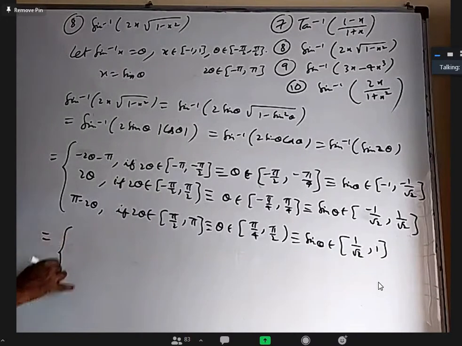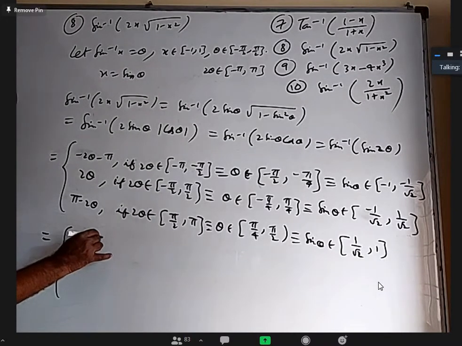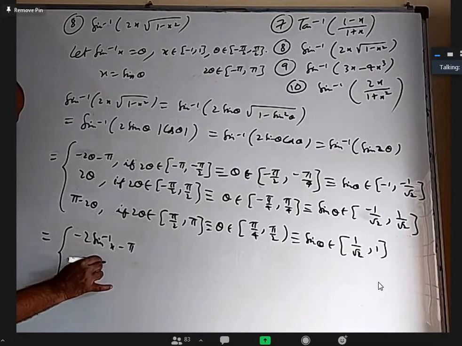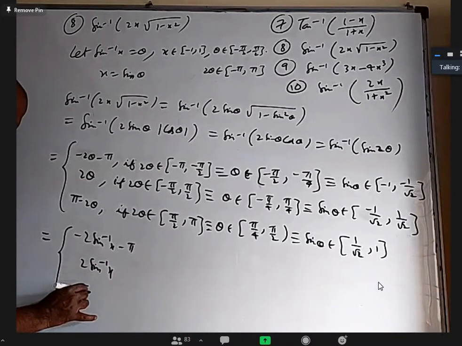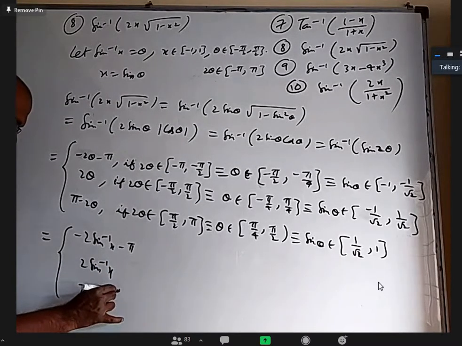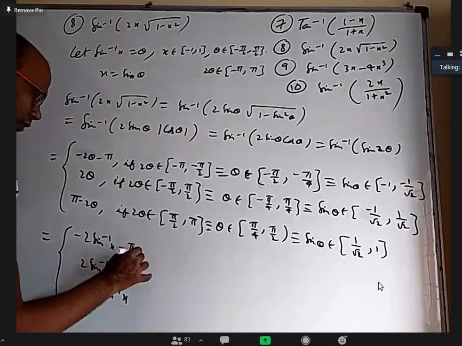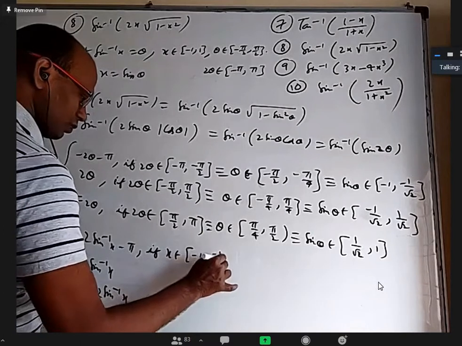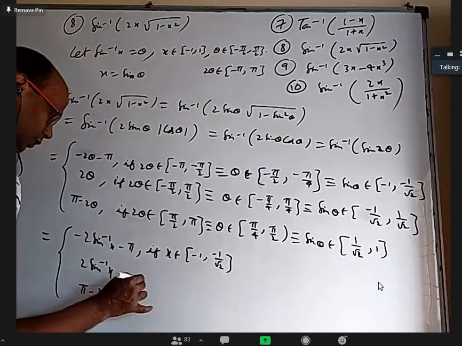Okay, so finally it is minus 2 sine inverse x minus π, 2 sine inverse x, π minus 2 sine inverse x. This is if x belongs to minus 1 to minus 1 by root 2.